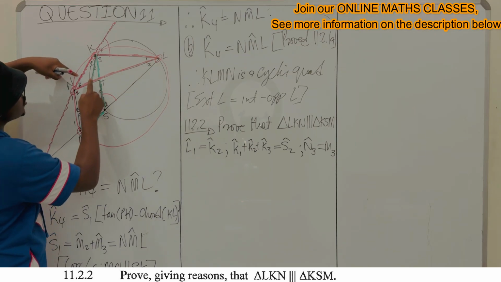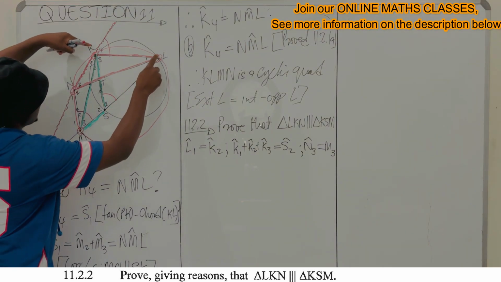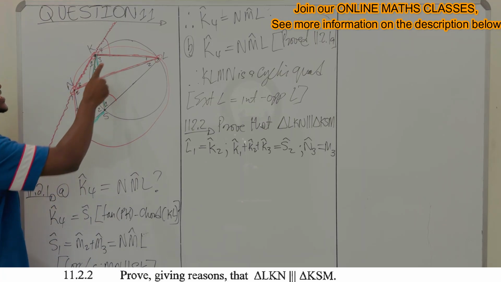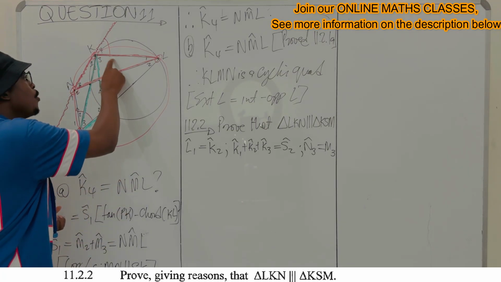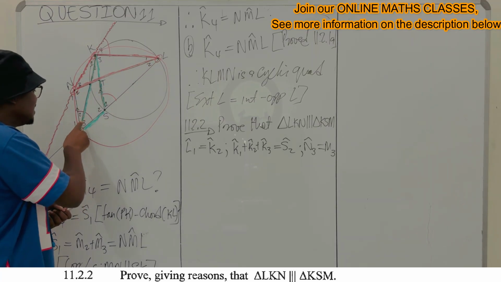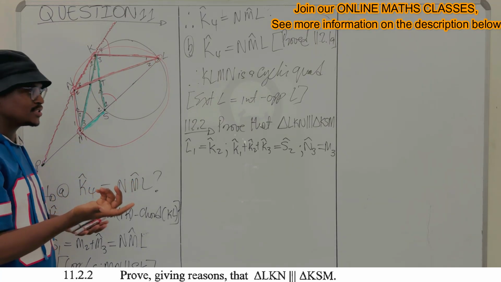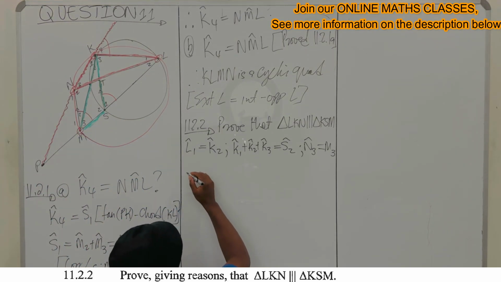KL also subtends N3. So look at M3 and N3. They are both subtended by the same chord. So those are angles in the same segment, because they are both subtended in the same segment by the same chord KL. So this angle and that angle are equal. Those are the easiest to me.